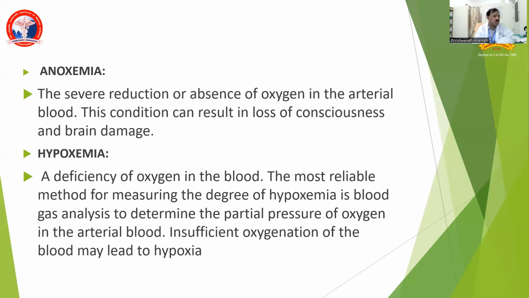Hypoxemia is a deficiency of oxygen in the blood, and this can be measured by blood gas analysis to determine the partial pressure of oxygen in the arterial blood. Insufficient oxygenation leads to hypoxia.